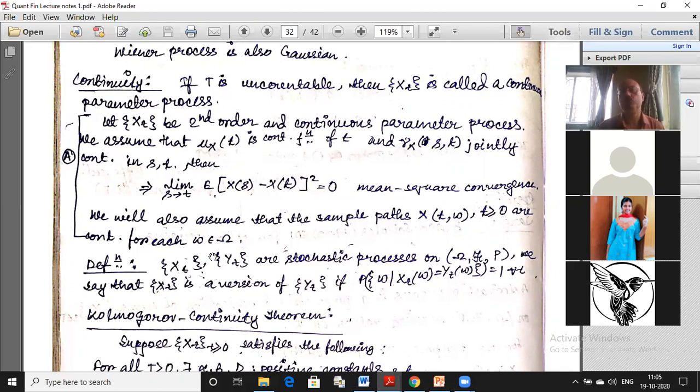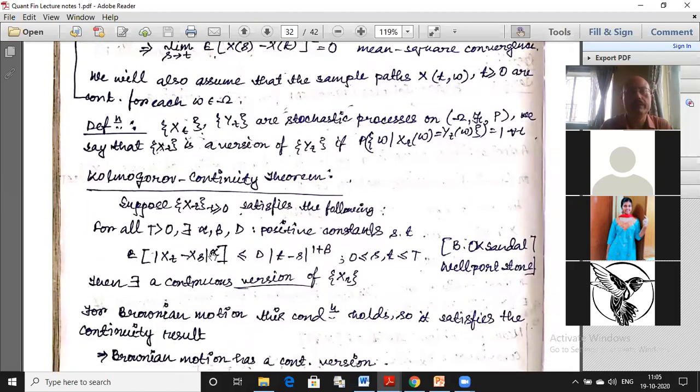But is it assuming too much? That's the question. Or in other words, am I restricting too much in the sense that all the real life processes will not justify this assumption? Because then my assumption is a bad one. Okay, so let us try to understand that.